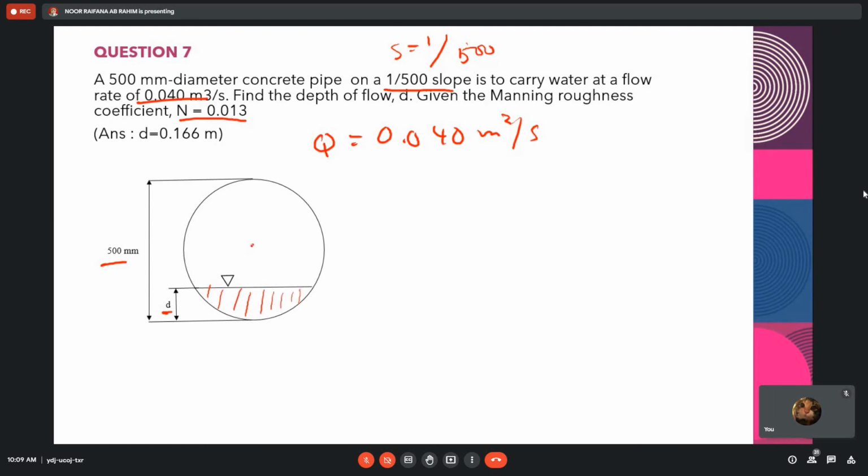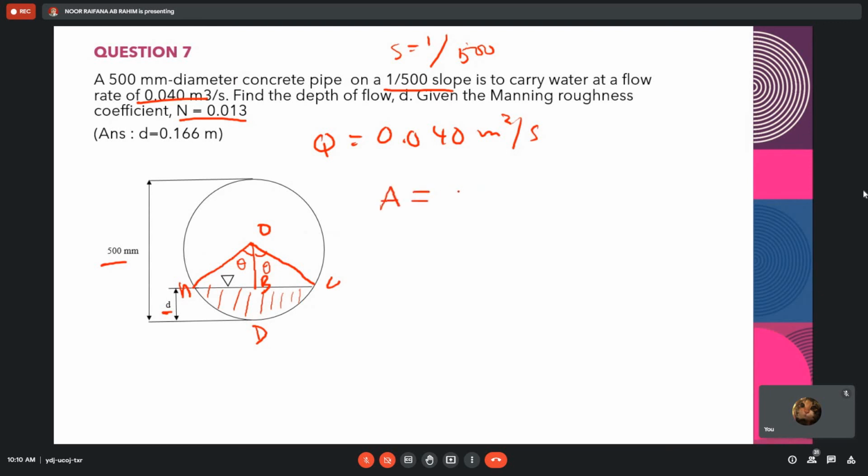Jadi dia kena buatlah, maybe nak paling senang kita labelkan dia. So dia akan jadi satu sektor kat sini. Ni O. So this one is theta, this one is theta. Saya akan letak sini A, sini B, sini C, sini D. So area, you kena faham lah macam dia nak kira dia.